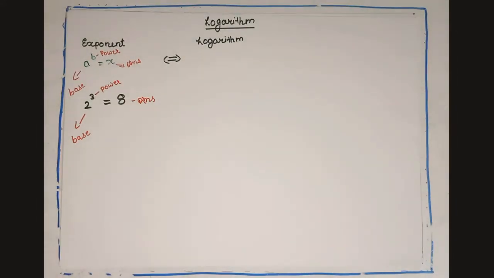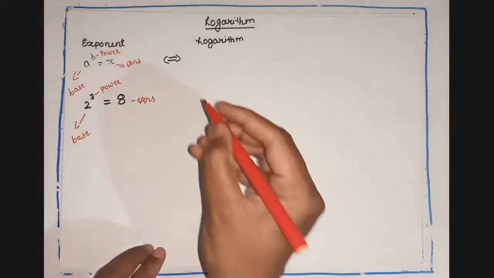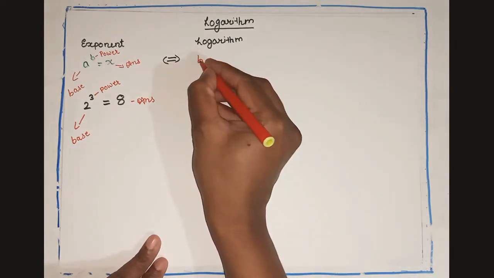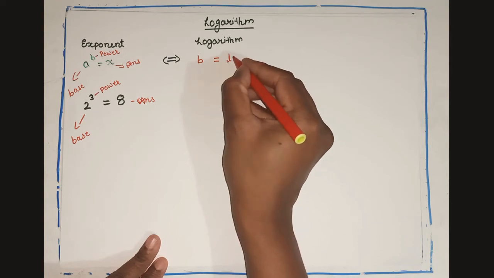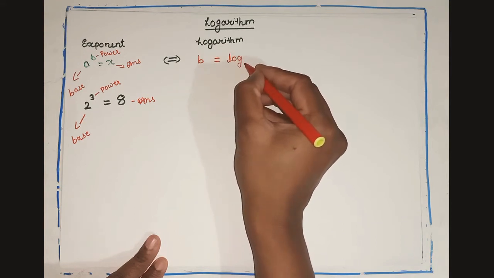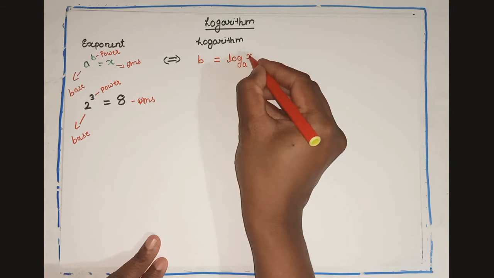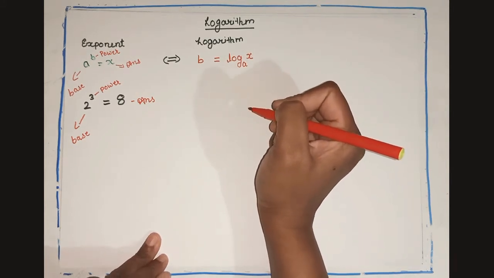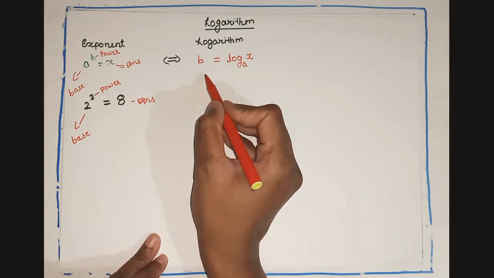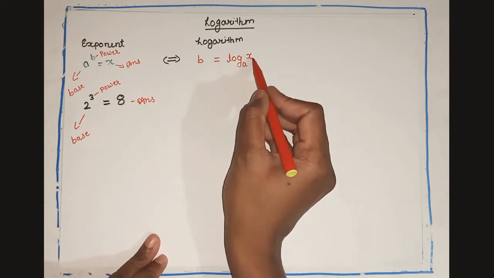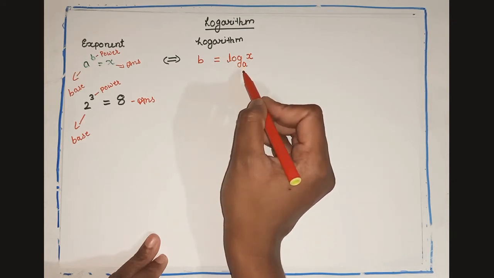It will be written as b equals log to the base a of x. Then I will tell you how we will read it also. We will read it as logarithm of x to the base a.